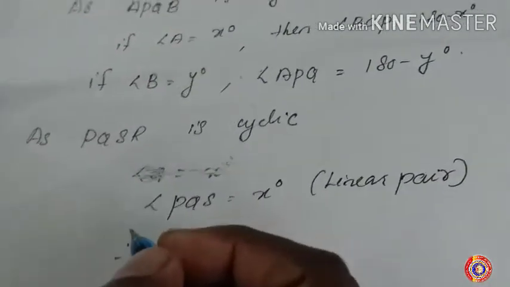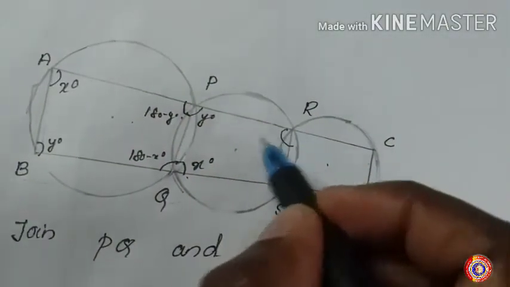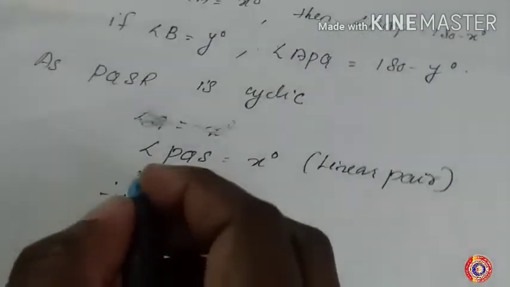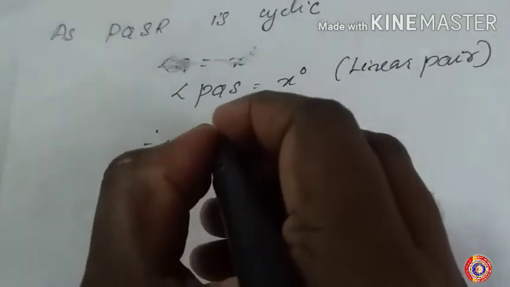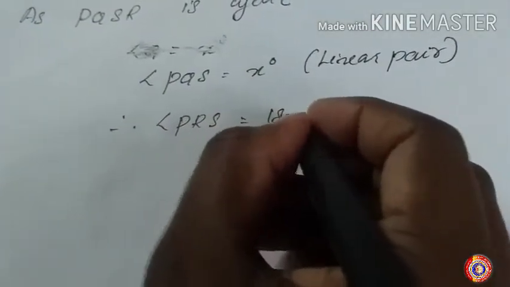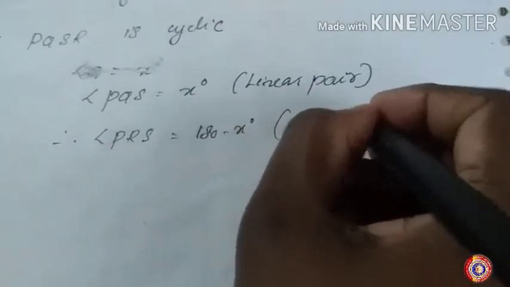Therefore, angle PRS is equal to 180 minus x degree. What is the reason? Opposite angles are supplementary.